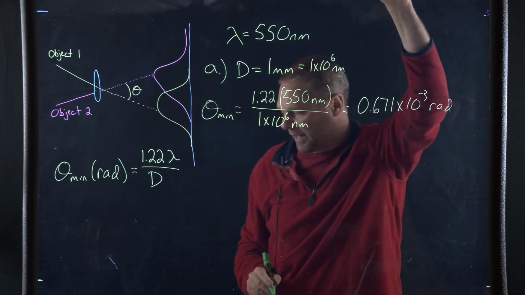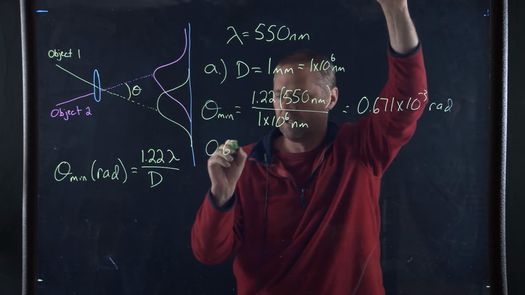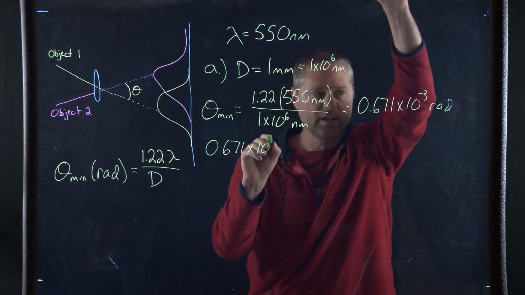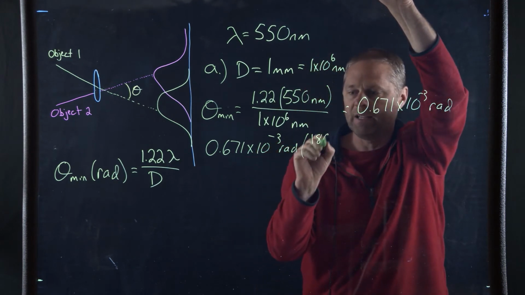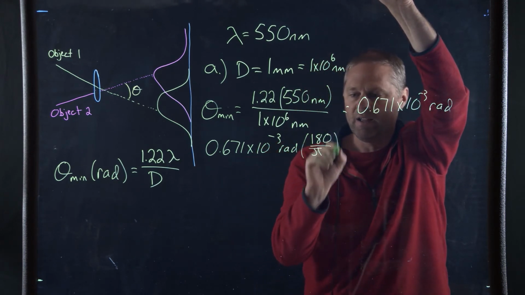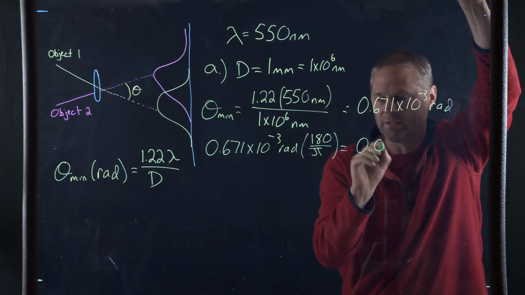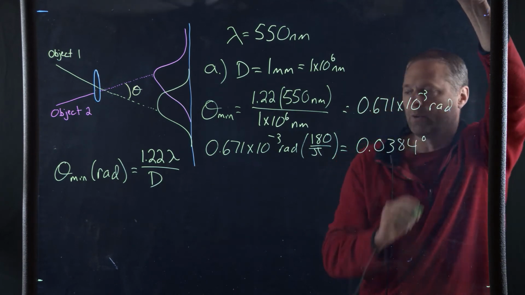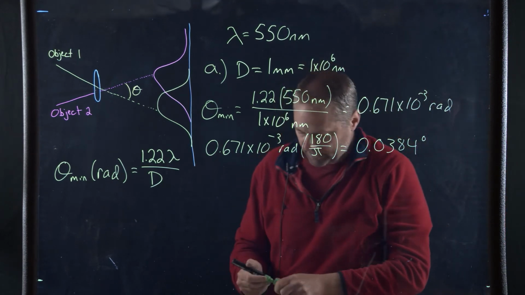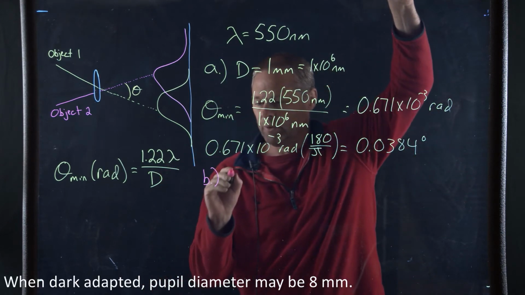If we want to convert that into degrees, we'll take 0.671 times 10 to the minus 3 radians and multiply it by 180 degrees divided by pi. And for that, we end up getting 0.0384 degrees.